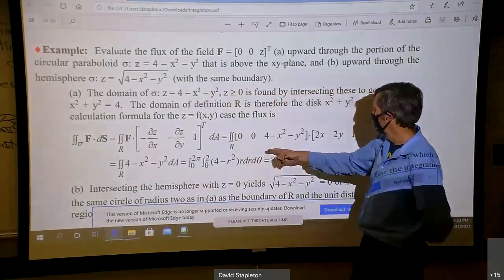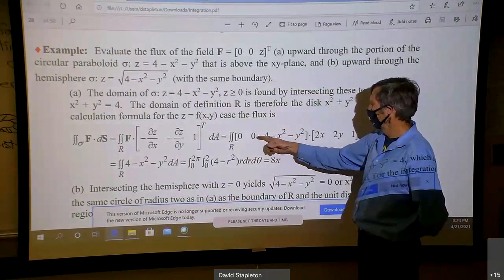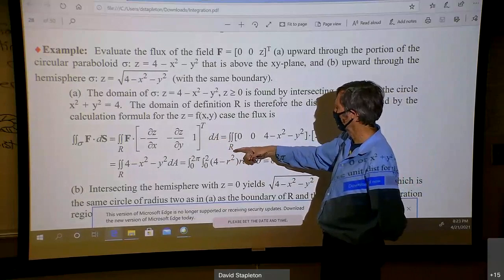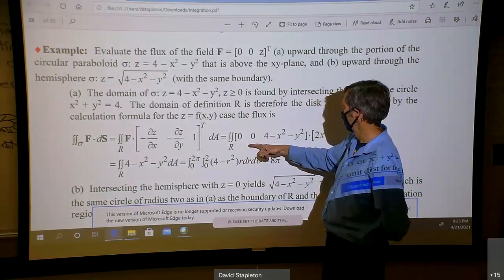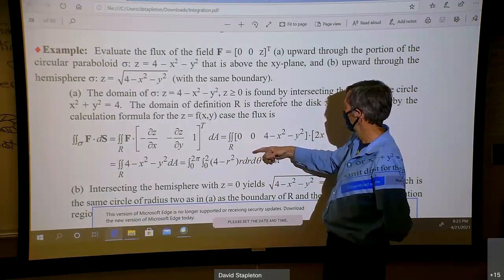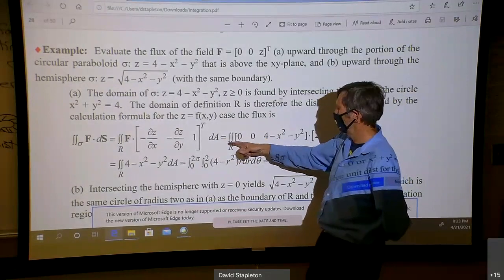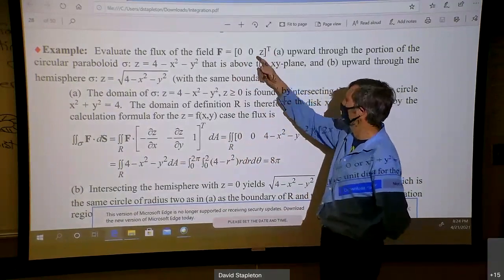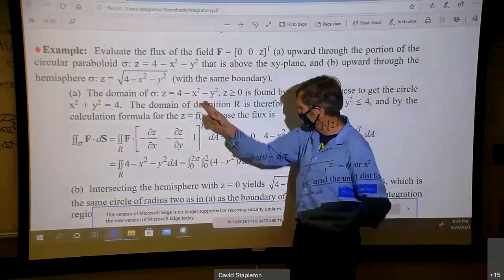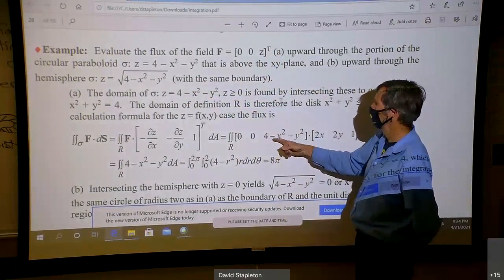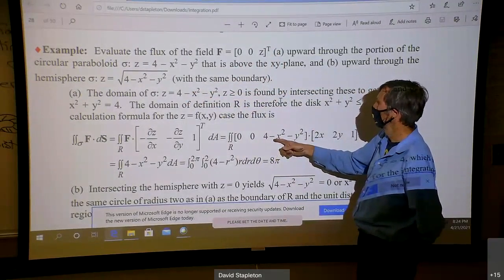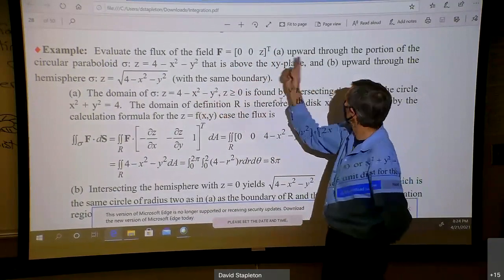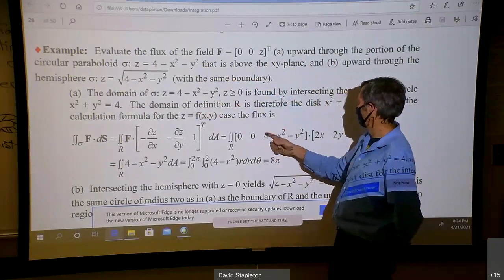Here F was the vector field (0, 0, z), and we have to replace z with what the surface is, this one, 4 minus x squared minus y squared. I was looking at the wrong one. So we replace z with 4 minus x squared minus y squared.